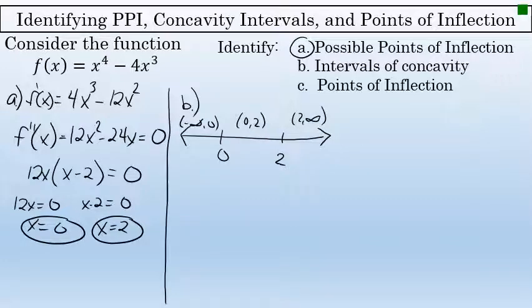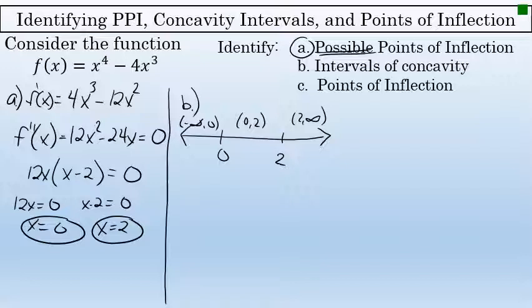So this function will either be concave up or concave down the whole time from negative infinity to 0, and then it will be concave up or concave down from 0 to 2, and it will be concave up or down from 2 to infinity. It will never change concavity inside of these intervals. The only possible place where it could change concavity would be at x equals 0 or x equals 2.